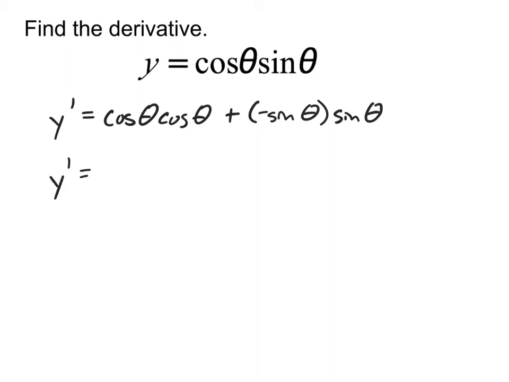So we got y prime equals cosine squared theta, and then it was a minus, because it was a negative sign there, sine squared theta. Can that simplify now? It doesn't really equal anything special. This does not equal 1 because it's a minus, not a plus. And so just stop there. Just give your answer there as cosine squared minus sine squared.